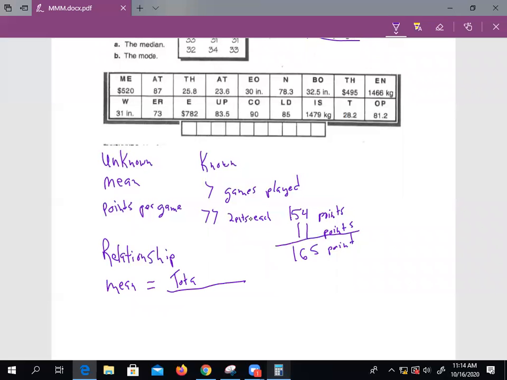We have to figure out the total points, and then we divide it by games played, basically. So that's kind of the relationship we have. Mean is the total points. So game 1, game 2, game 3, game 4, game 5, game 6, game 7, how many points are scored altogether. And then you divide it by the number of games played, which is 7.